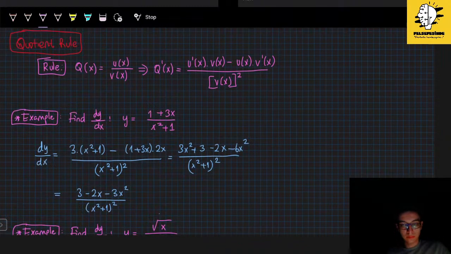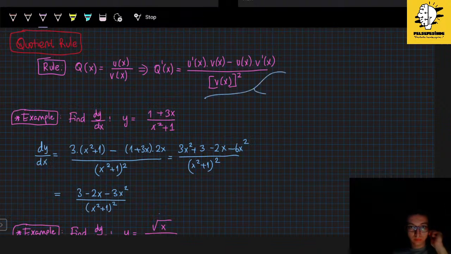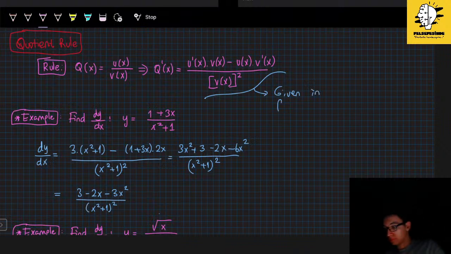Okay, let's go. So we have a function q(x) equal to u(x) over v(x). When we take its derivative, it's also given in the formula booklet. When we take a look at the formula booklet, we can see that we have to take the derivative of the numerator first, times we don't touch v(x) here, and minus.